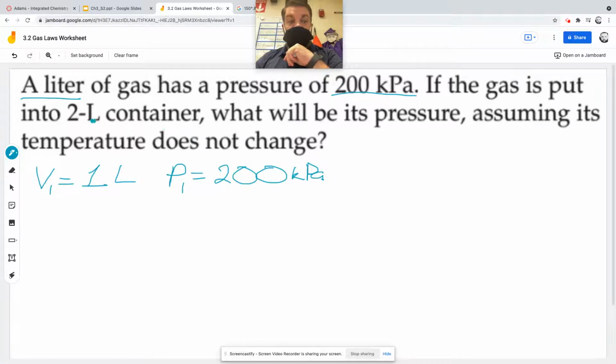And then it tells us that we're going to put it in a 2-liter volume container. And then lastly it says, what will its pressure be?